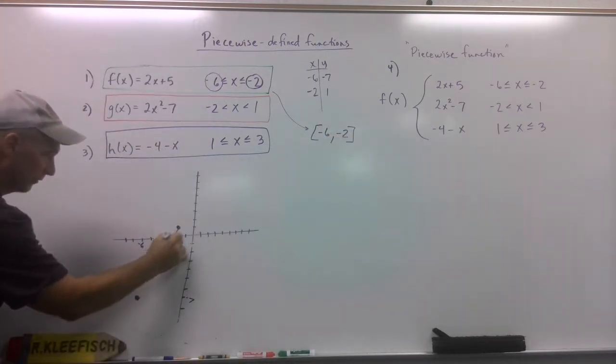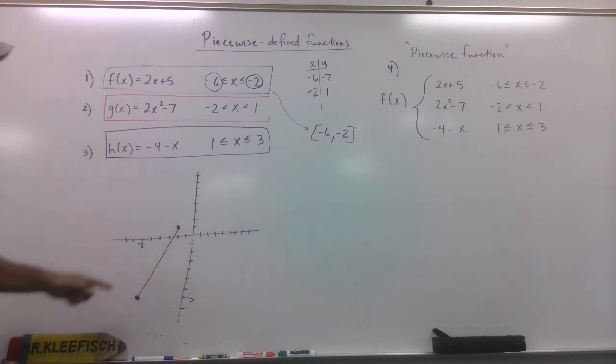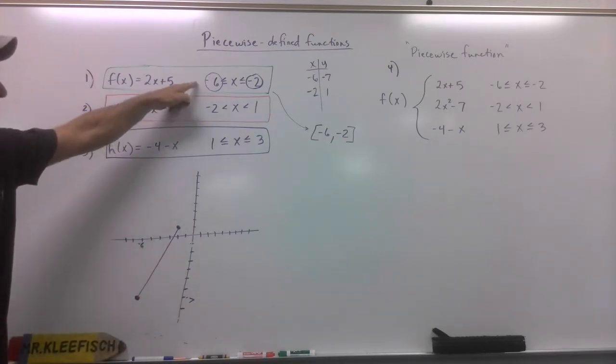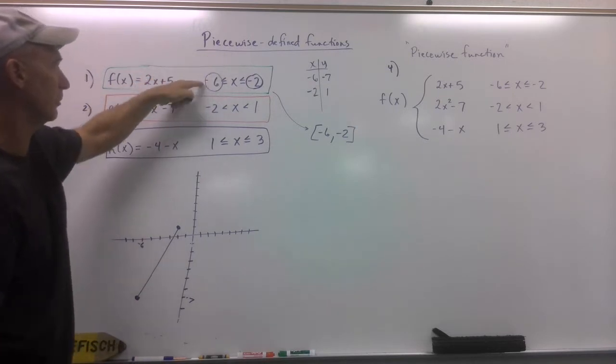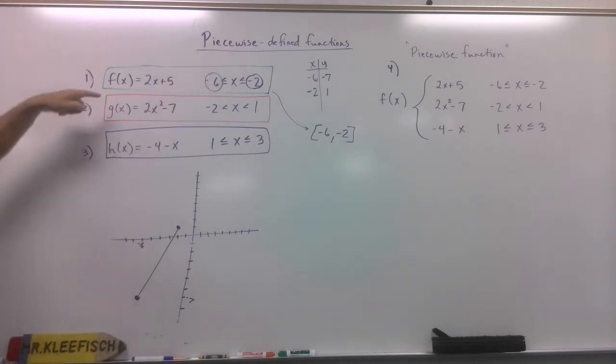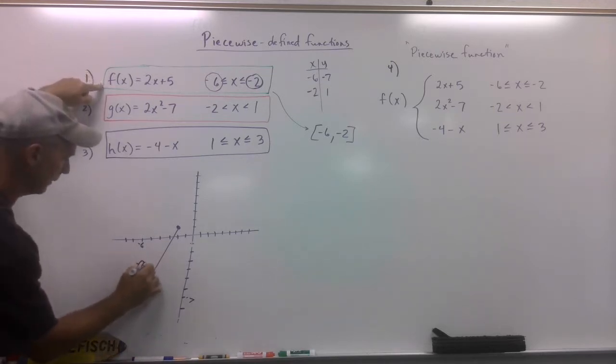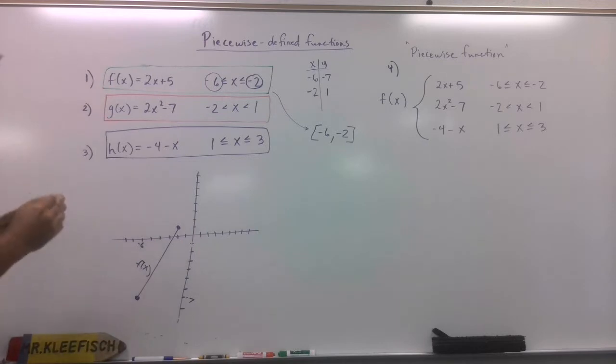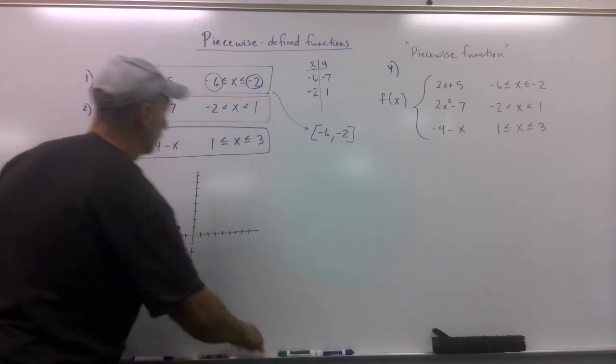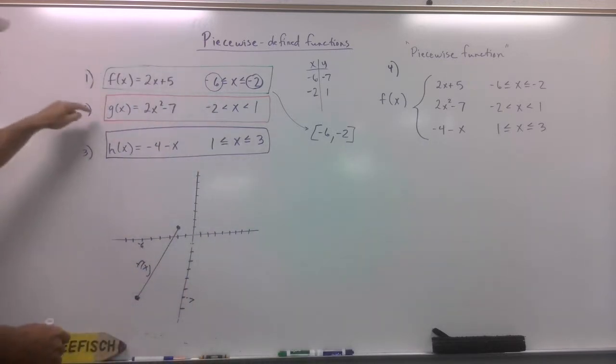So there is the portion of the line that they want. So that's the piece that they're concerned about. Now, I wanted to make this green, but I didn't. So let's just remember that this is my f of x. And now let's move on to g of x. So we look at g of x.